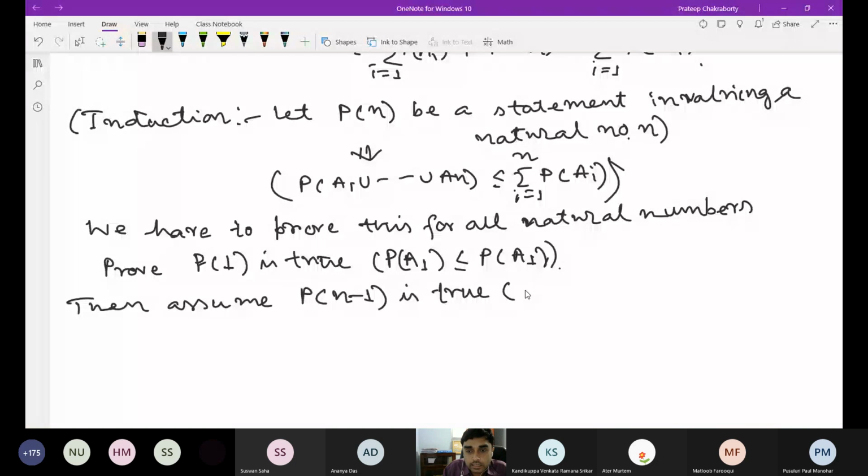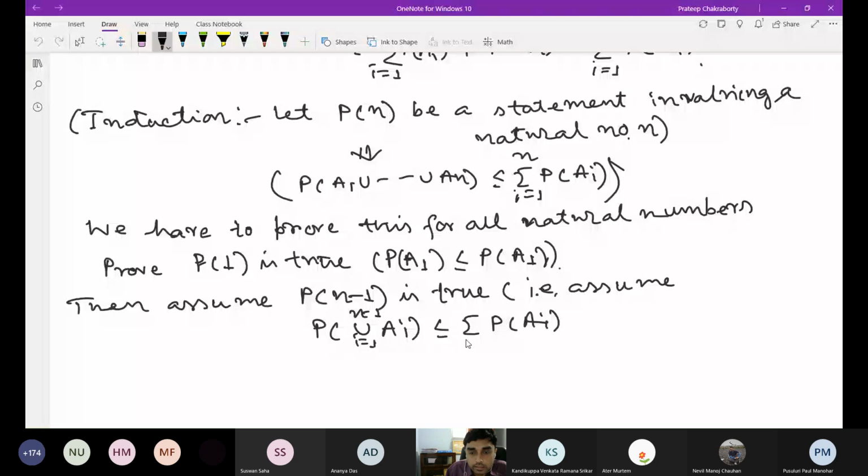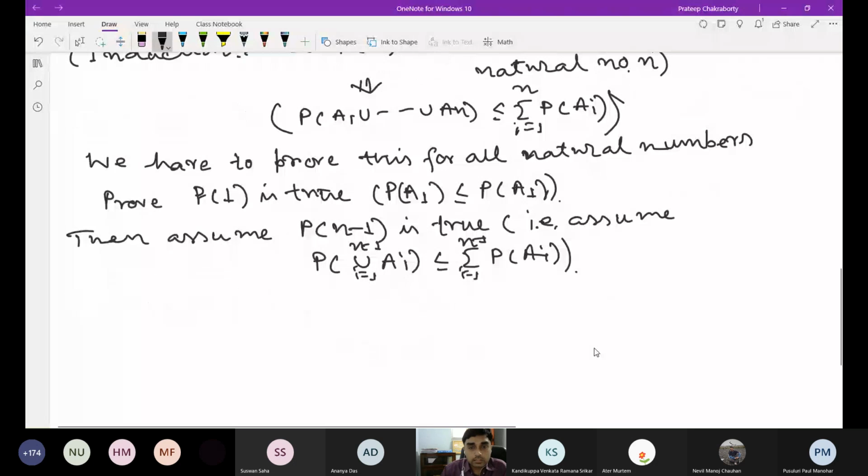That is, in this case, assume union of Ai, i equal to 1 to n minus 1, P of it is less equal to summation P of Ai, and assuming this, just as we have done, then prove that Pn is true.